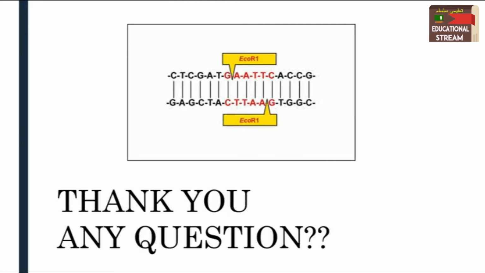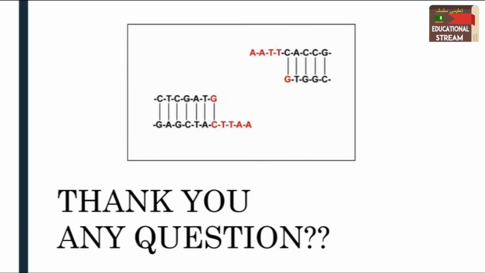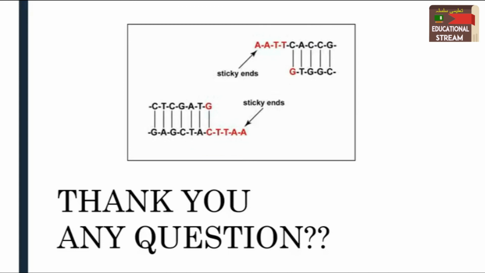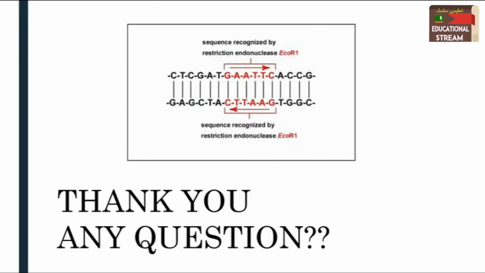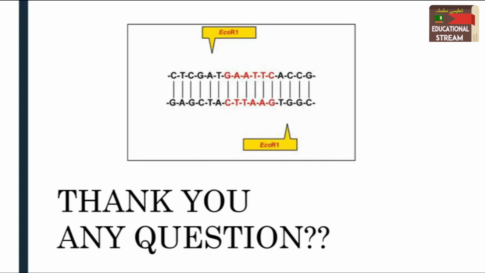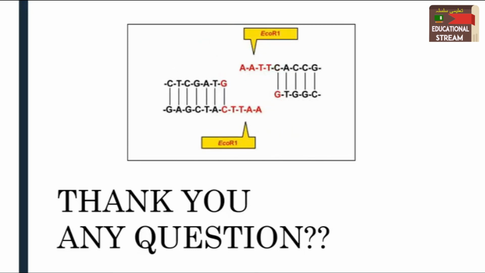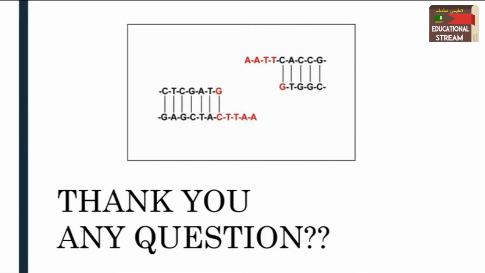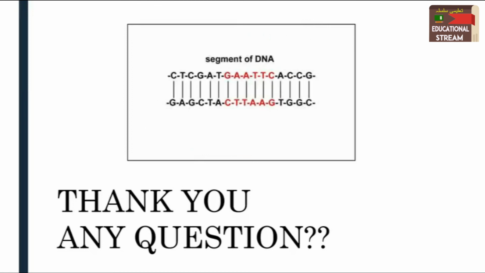Then we moved towards the restriction endonucleases, that these enzymes are isolated from bacteria. Bacteria are the natural source of these enzymes because these are the defensive enzymes which restrict the growth of viruses within the bacteria. Therefore, these are known as restriction enzymes. Then we discussed the different classes of restriction enzymes, and we said that type 2 restriction enzymes are used most commonly because they recognize and make a cut in the same DNA sequence.